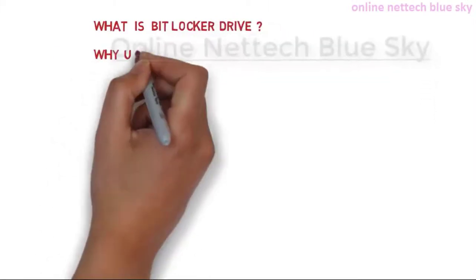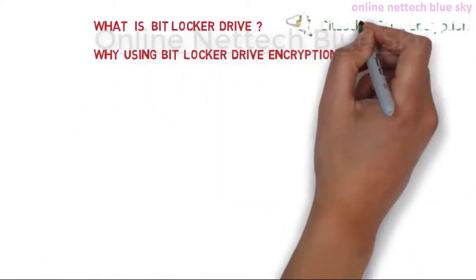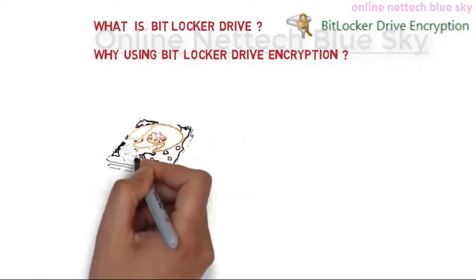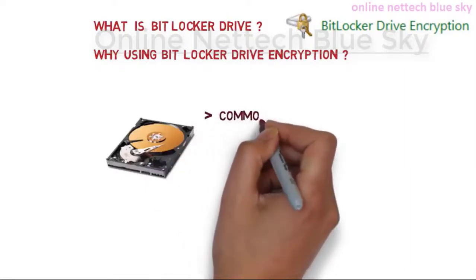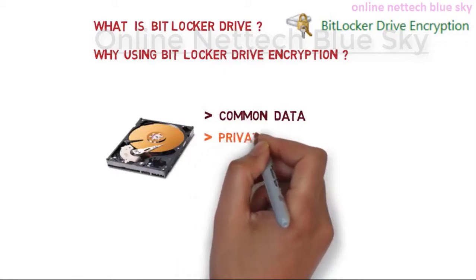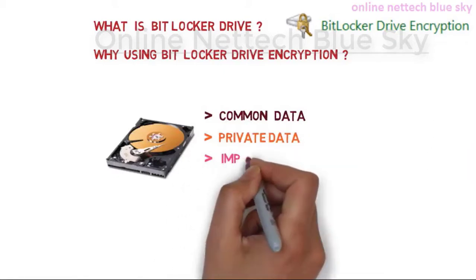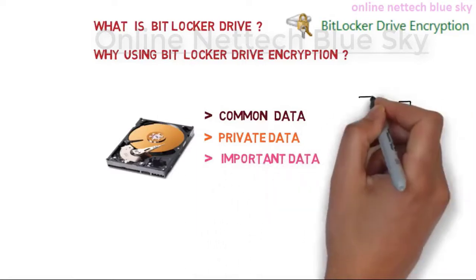So what is BitLocker Drive Encryption? Why use the BitLocker Drive Encryption system? You can see the BitLocker Drive Encryption name and logo here, and this works only for hard disks. It is for common data and private data, your important computer data, your important files, your important company files.